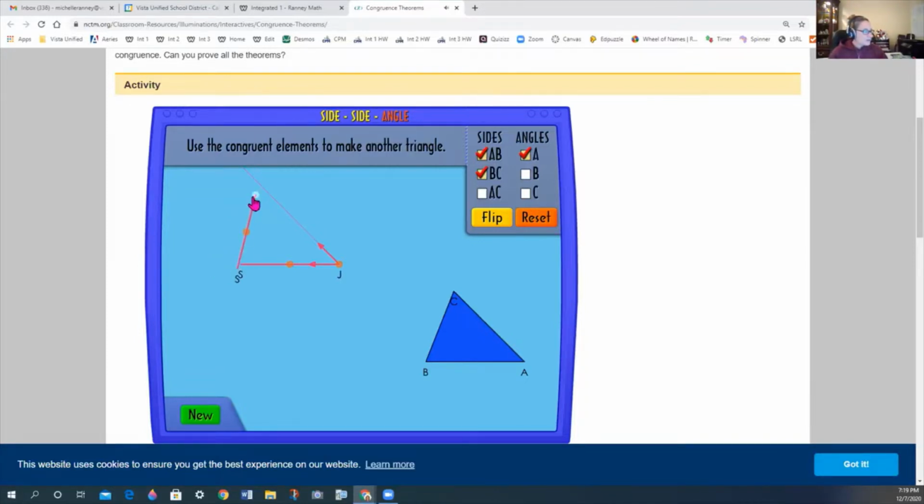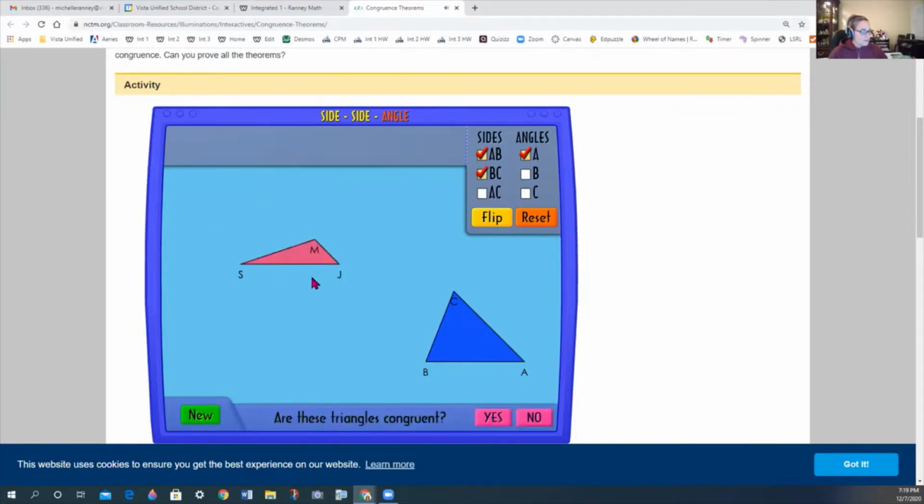Okay, and we want to see, can I get another triangle? So if I swing this way, I would end up with the same triangle that I have there in blue. But if I come this direction, again, it's the same length, and I come here until I hit here, then I form another triangle.